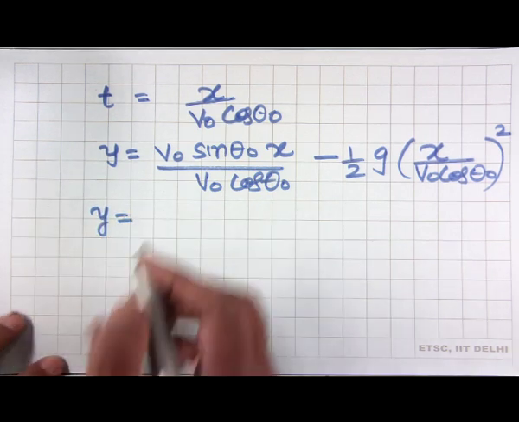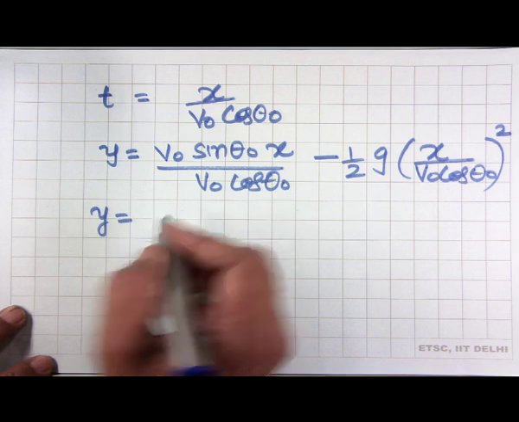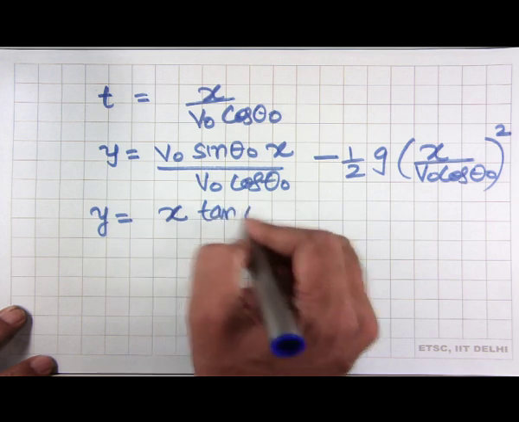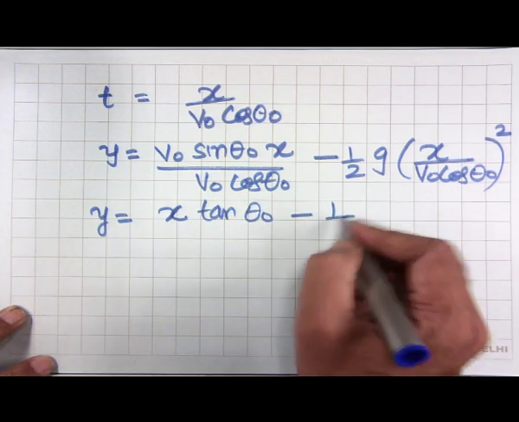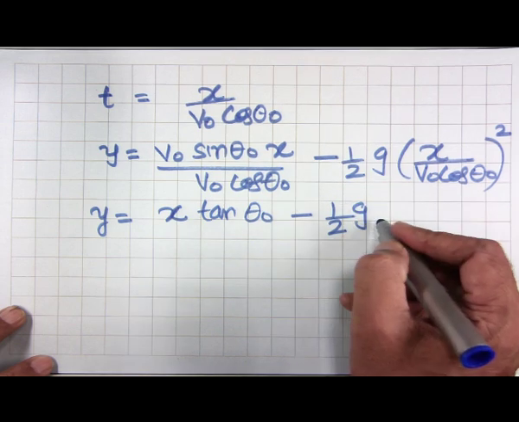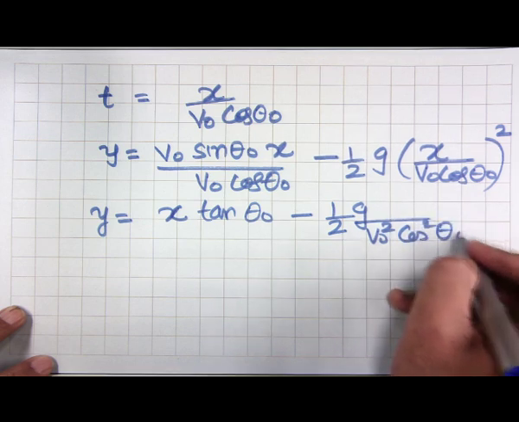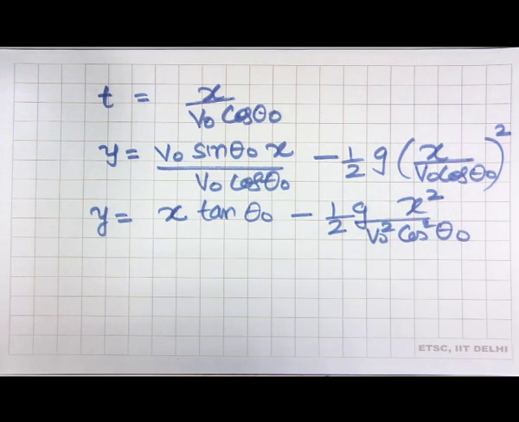When we simplify this, we get y is equal to x times tangent theta 0 minus half g upon V0 square cos square theta 0 times x square, which we explained last time was the equation of a parabola.